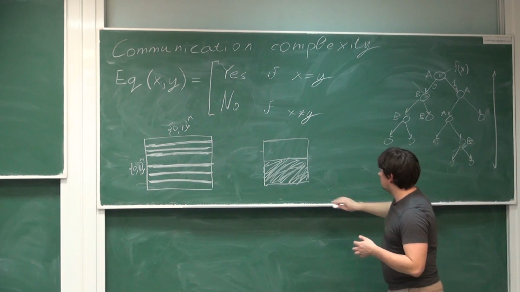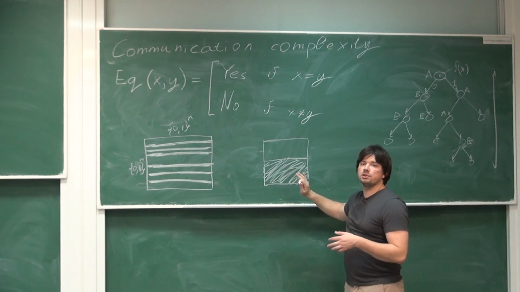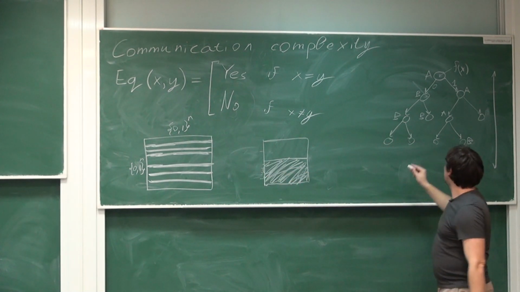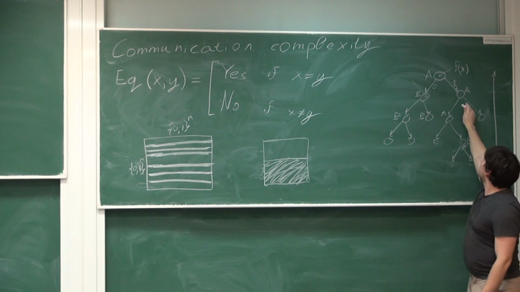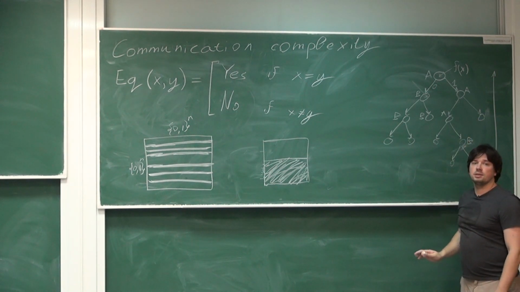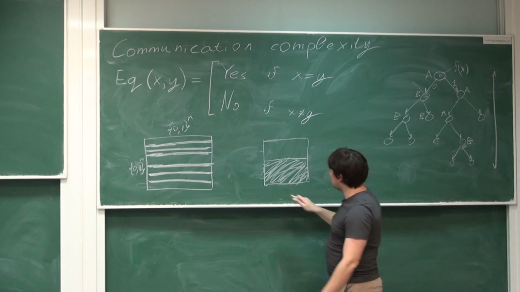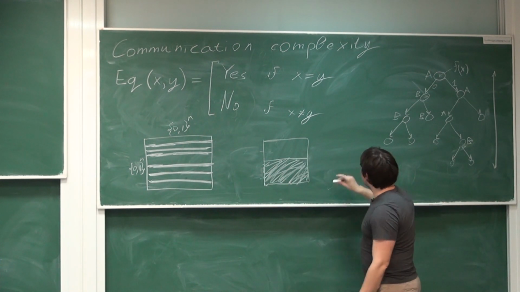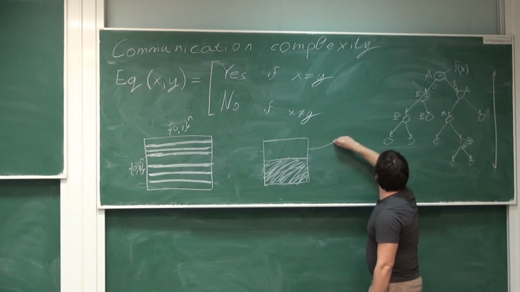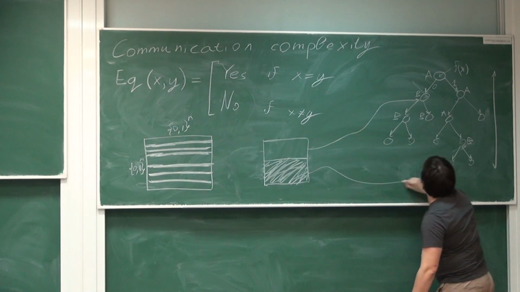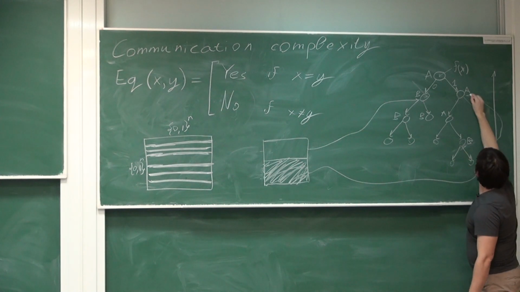And in this half of the rectangle, we have all the inputs on which Alice says 1. All right. And then we can kind of put this rectangle into this node and this rectangle into this node.